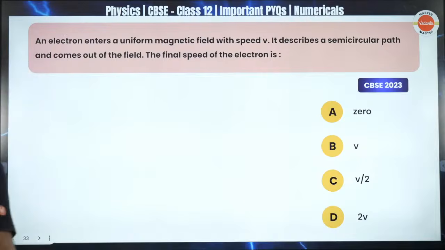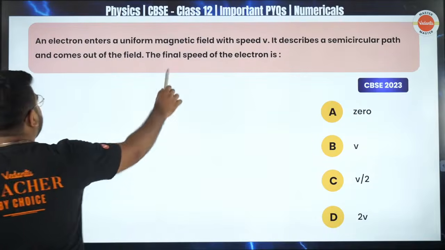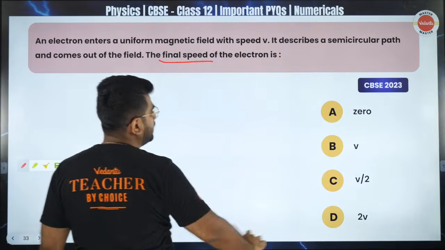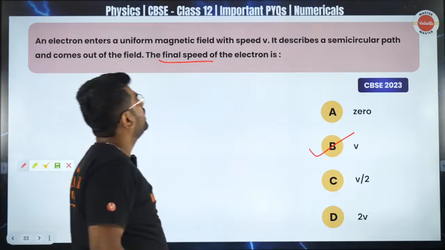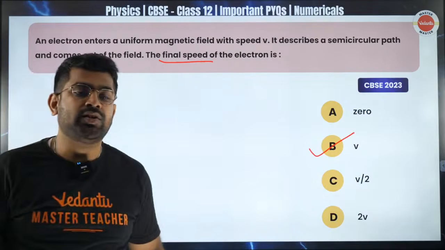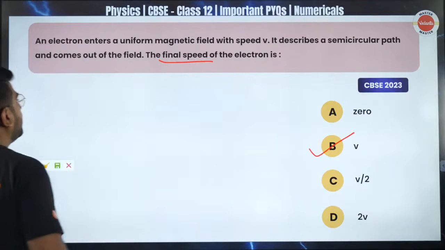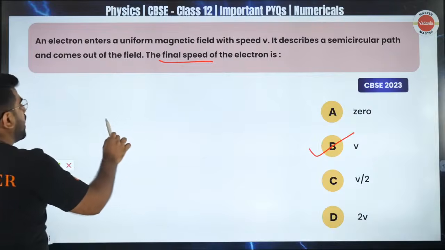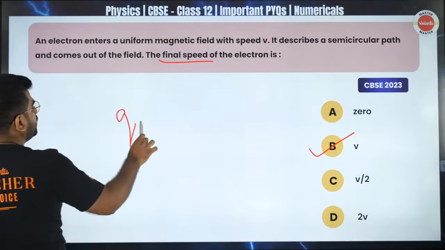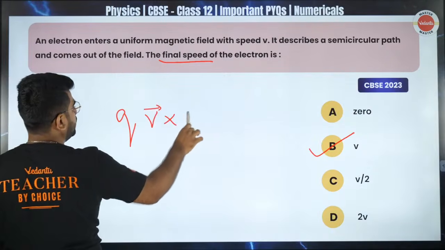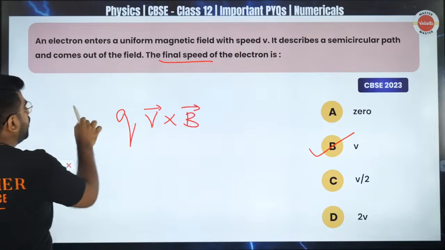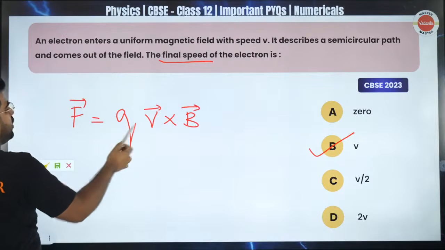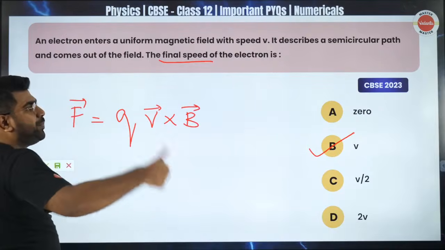Okay, so the speed of an electron in a magnetic field does not change. The answer is that the speed remains the same, because only the direction changes. The force on an electron is q v cross B, and v cross B is perpendicular to the velocity.